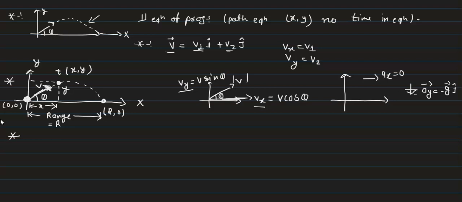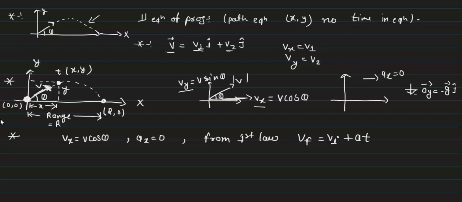So as we have got vx equals v cos theta and ax equals 0, from the first law we have v final equals v initial plus acceleration times time. In the x direction, vxf equals vx initial plus ax times t, and ax is 0, so vxf will be vxi, meaning the speed will not change in the x direction.